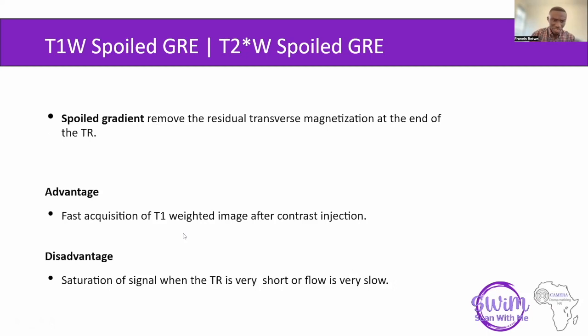One advantage is the fast acquisition of T1 images after contrast injection. And as you already know, there is saturation of signal when the TR is short or flow is very slow.